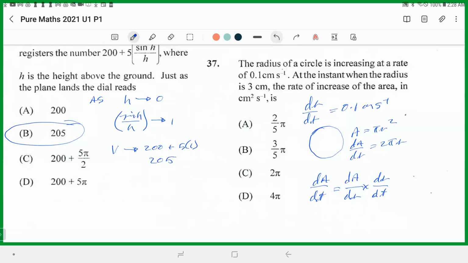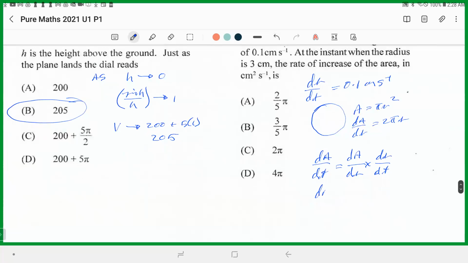All right. So the dA by dt becomes 2 pi r times 0.1. What I say is when r equals 3.